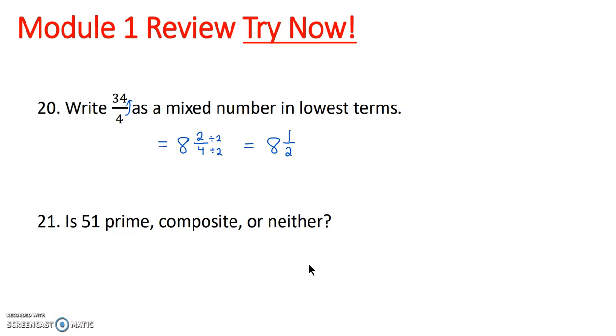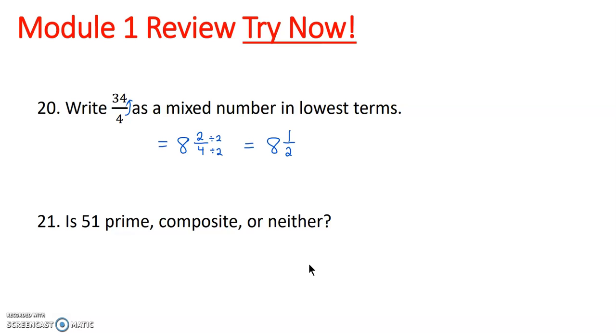For number 21, you're using your skills of divisibility tests. So 51 looks like it's prime. Remember, prime is just me and myself, right? Me and 1. So prime numbers are numbers like 7, 17, 19, number 2. So those are prime numbers. Composite numbers have factors.